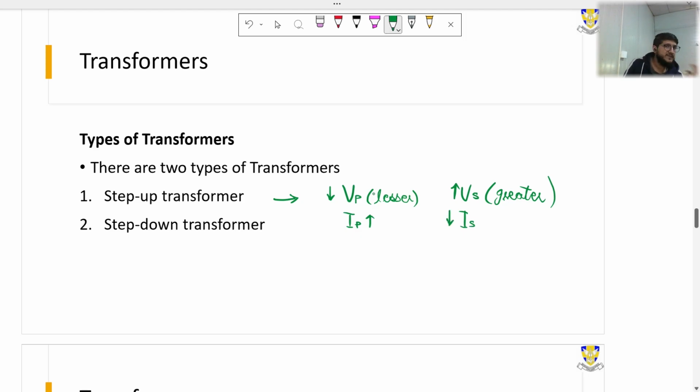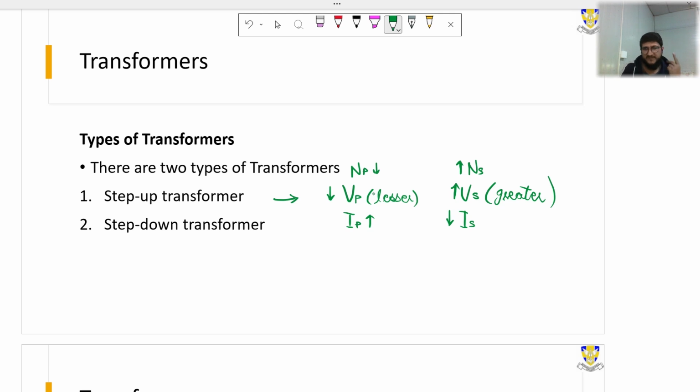ठीक है, क्योंकि मैंने आपको पहले ही बताया था that the current and the voltages, they will reverse to each other. They are going to be in a reciprocal manner to each other. Similarly, when you talk about the number of turns, the number of turns in your primary coil is going to be lesser, while the number of turns in your secondary coil is going to be greater. Okay, so आपको ये याद रखना है कि step up transformer में you have to talk about three things.